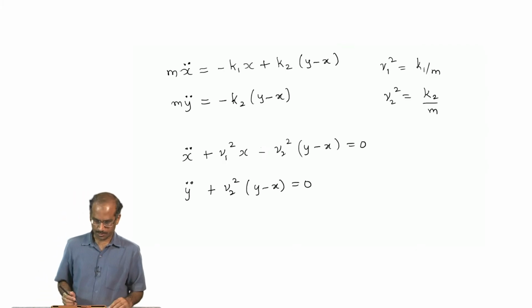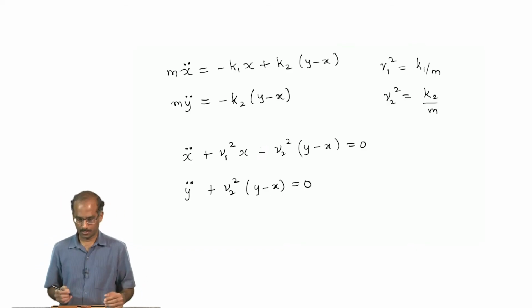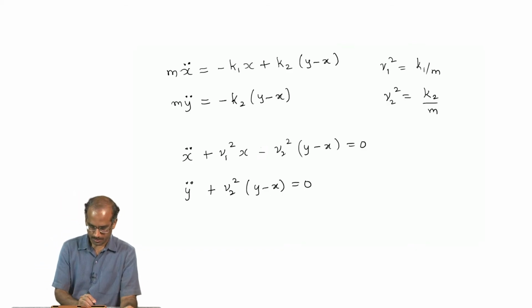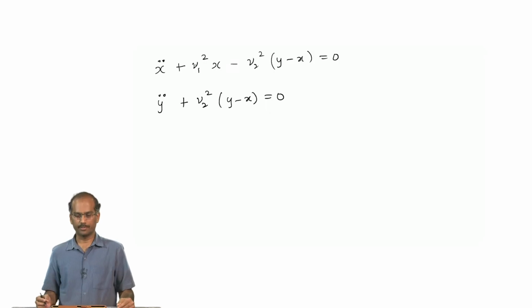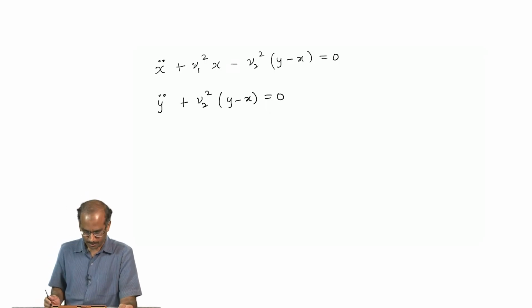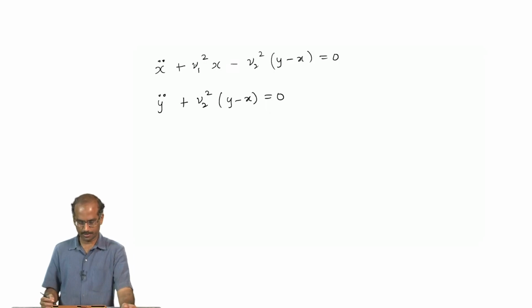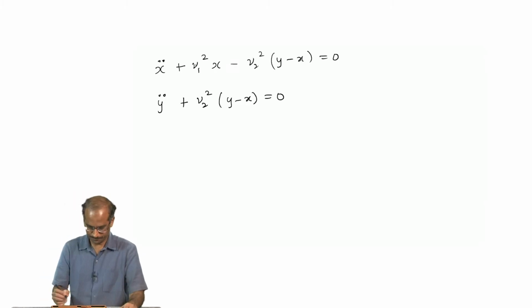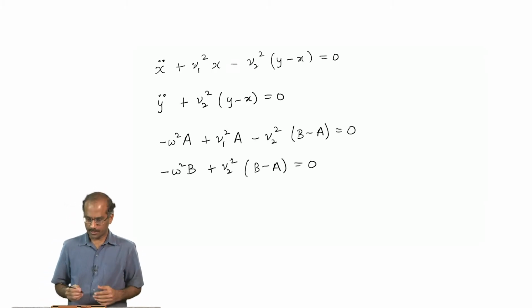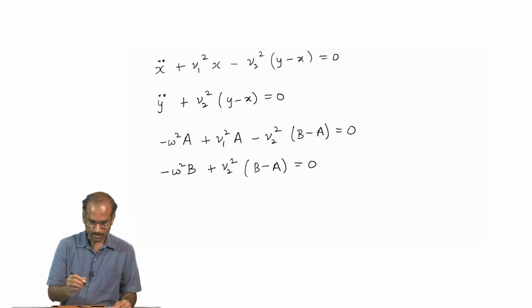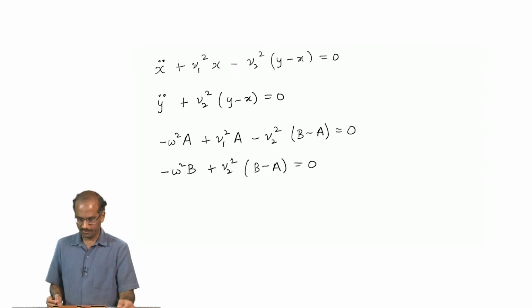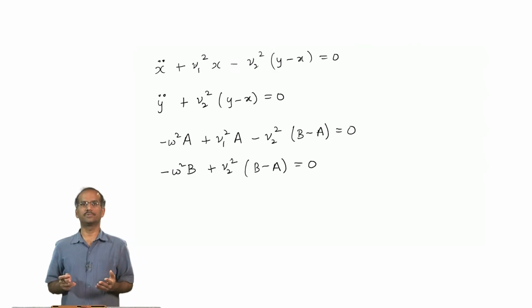So, now we can substitute our assumed solutions here. Let us substitute for x double dot, x and y, and if we do that, this is the equation that we will have. Okay. So, these are the two sets of equations that I have, and this one can now be simplified, and I will write it in terms of coefficients of a and b.